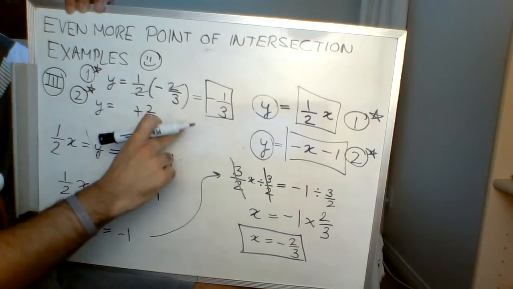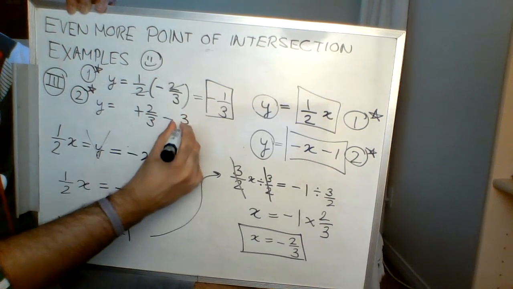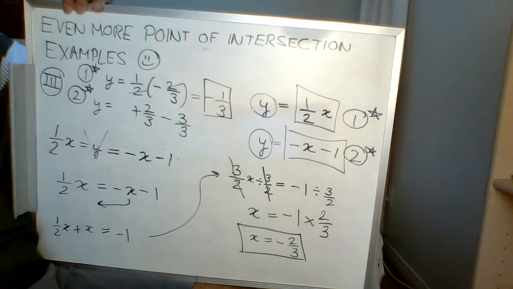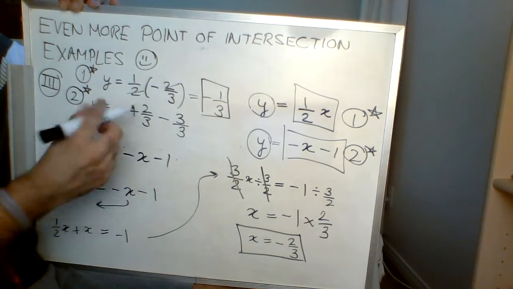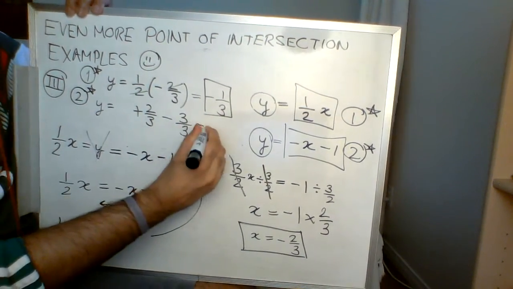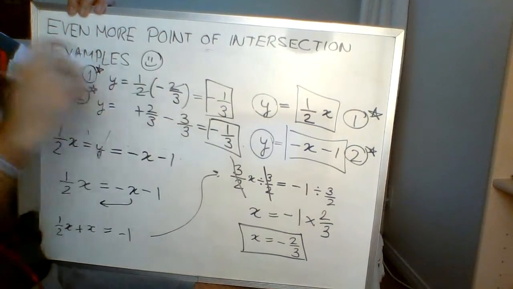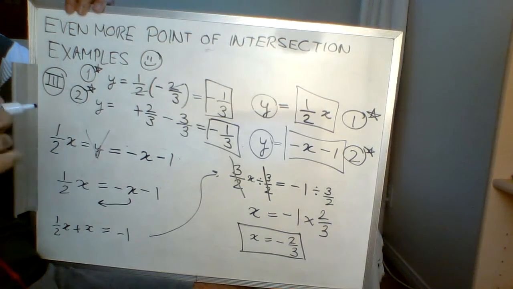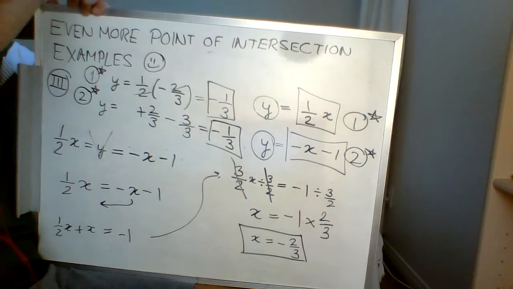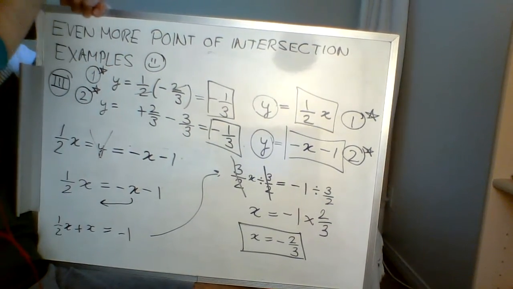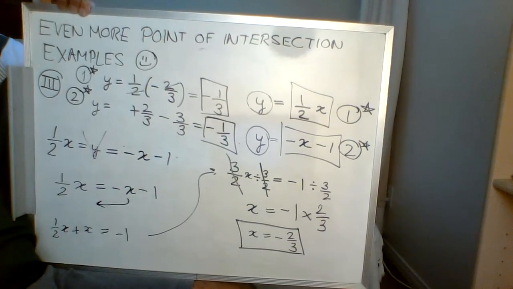So basically what I'm doing is +2/3 minus, well, 1 is the same thing as 3/3. So if I do 2/3 minus 3/3, I'll be left with -1/3. And so that shows us that since we plugged in the same x value and it spat out the same y value for both equations, we can be pretty confident that we have done this right.